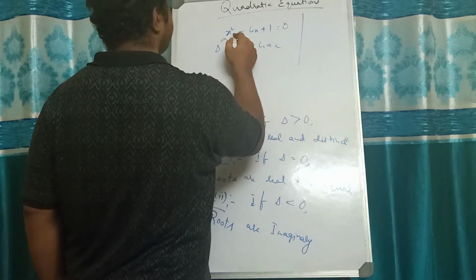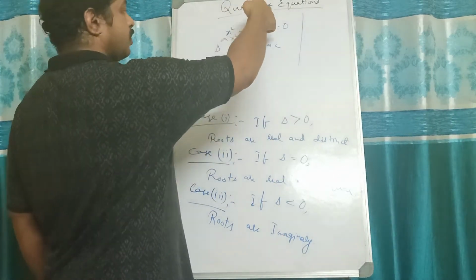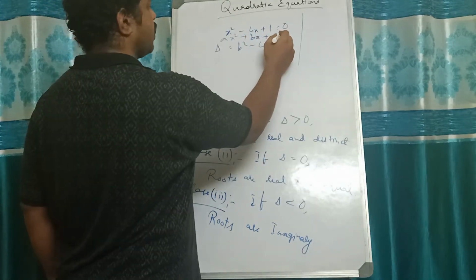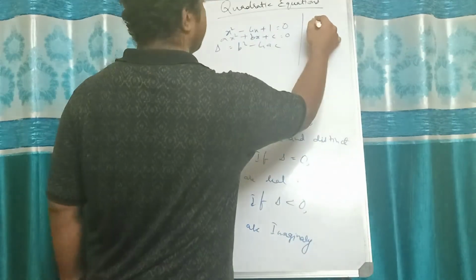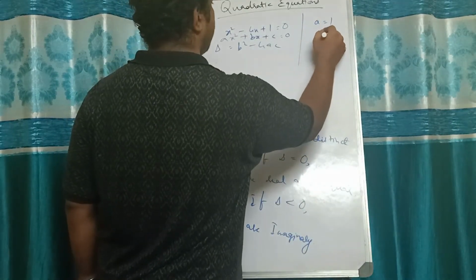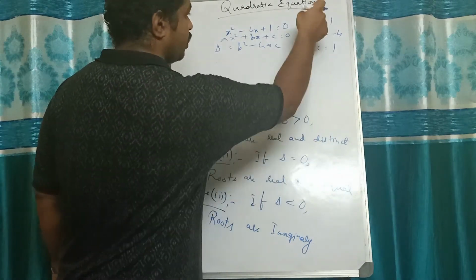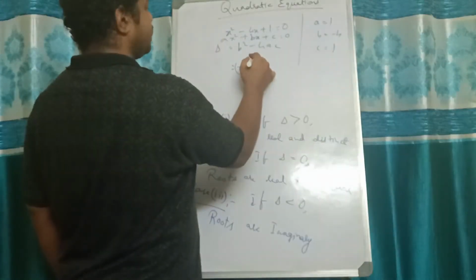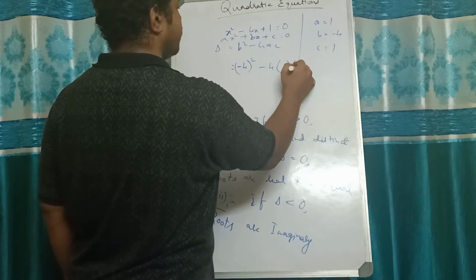If I compare this given equation with the standard form of a quadratic equation, ax square plus bx plus c equal to 0, I get the value of a is 1, the value of b is minus 4, and the value of c is 1. Substituting these values here, we get minus 4 the whole square, minus 4 times a is 1 and c is also 1.